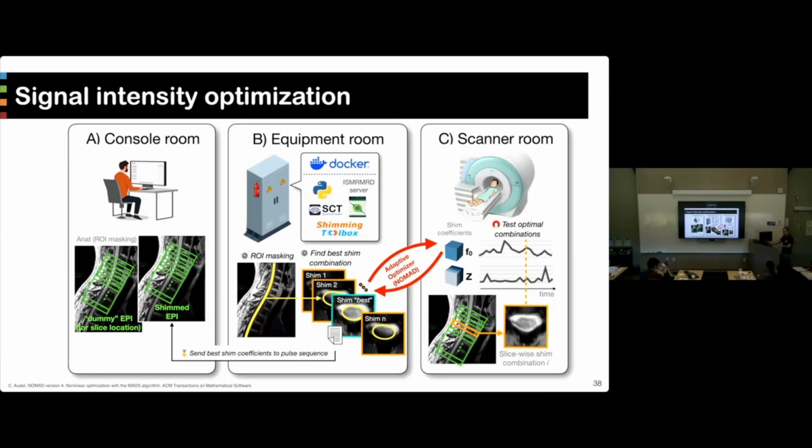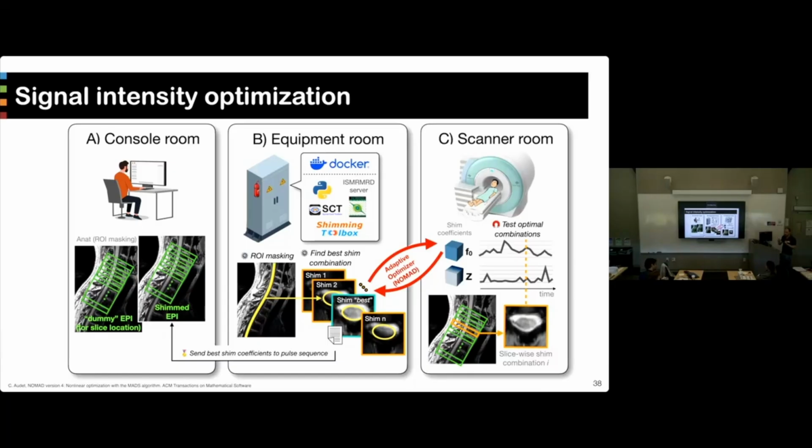you start your acquisition. The first volume is going to come in. We're going to say, oh, there's 20 different slices, so we start 20 different optimizations, and each one of those optimizations is going to send one shim set of current to the scanner, and it's going to ask the scanner to use these shim values to acquire an image, and then we acquire the image on the scanner.